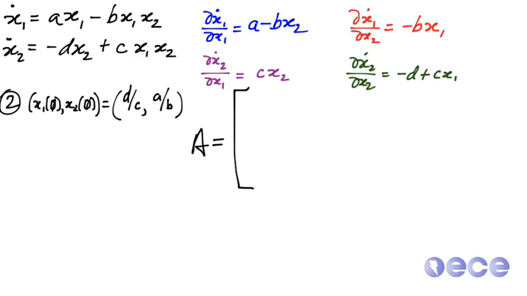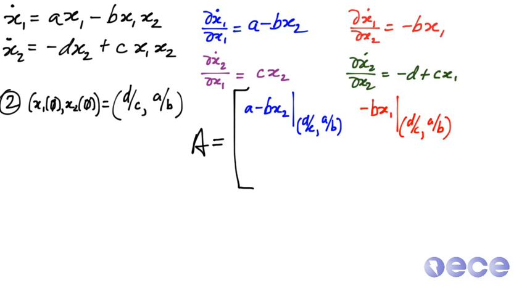Now let's write our matrix A, the state update matrix. So A minus B x2 evaluated at our operating point, minus B x1 evaluated at the operating point, the same for C x2, and minus D plus C x1.